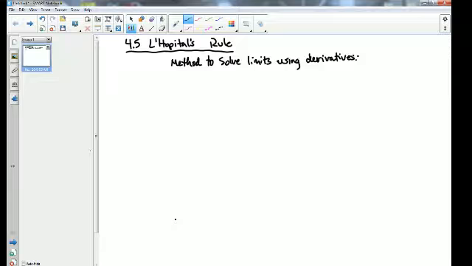So it's a method to solve limits using the derivative. You'll probably try to use it quite a bit. Well, I succeeded in using it quite a bit. I hope so.